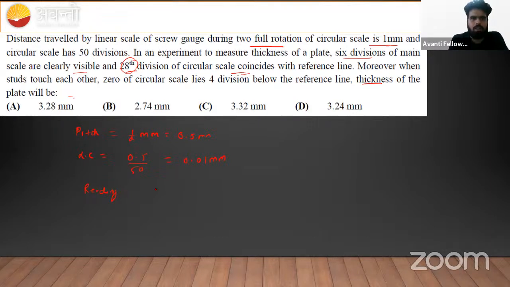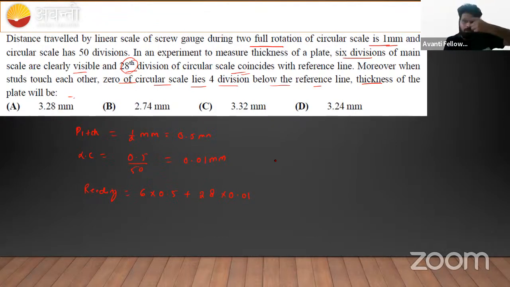What is the reading actually? 6 divisions of main scale, so 6 into pitch 0.5, plus 28 divisions of the circular scale into least count 0.01, plus one more concept we have to include: the 0 of the circular scale lies 4 divisions below the reference line.